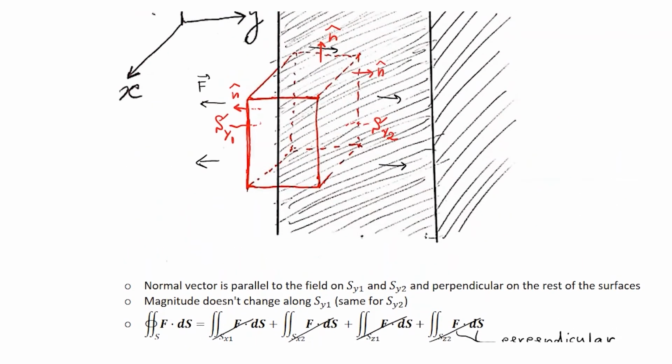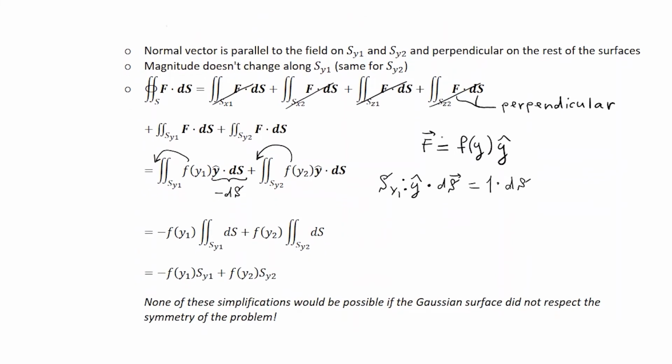Now, on SY1, n hat is in the negative y direction, and y hat is obviously in the positive y direction. So the angle between the two is 180 degrees, and cosine of 180 is negative 1. So times negative 1. That's why it's negative ds.